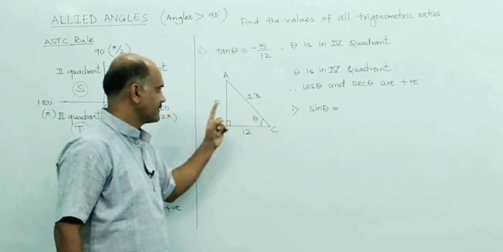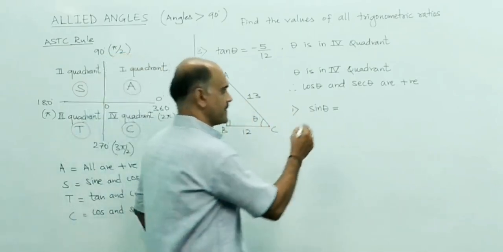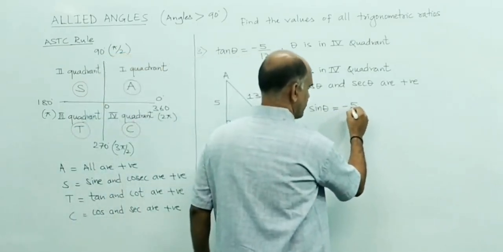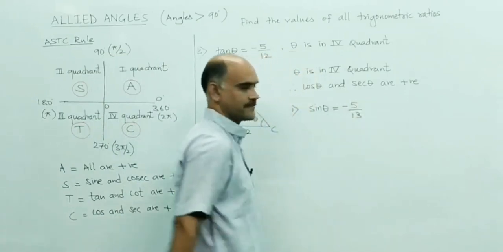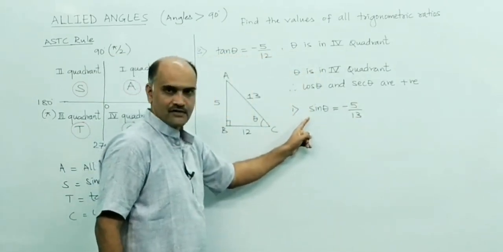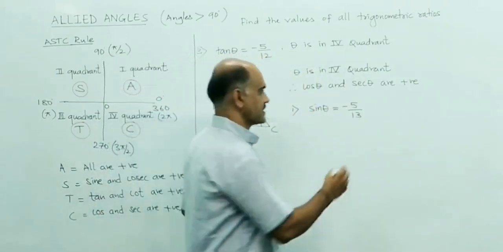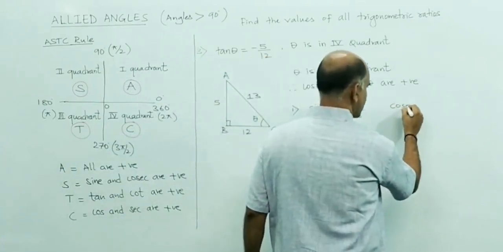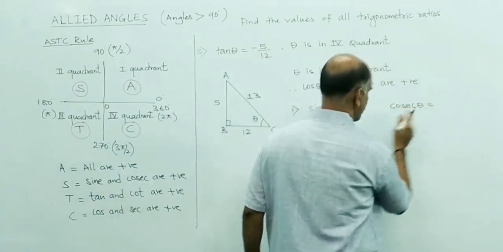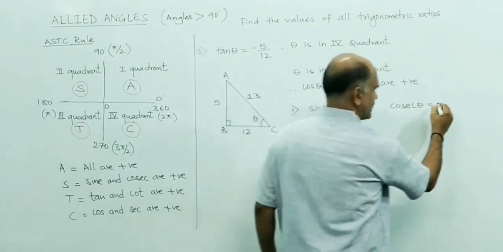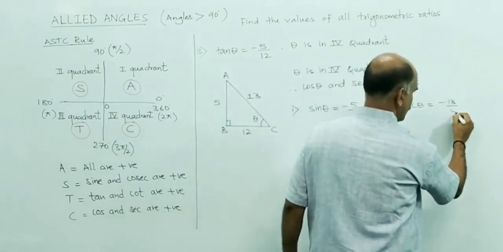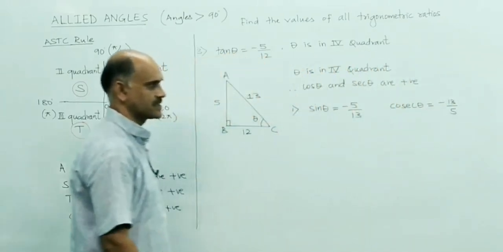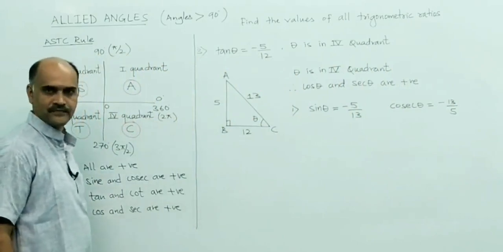So sin theta will be minus 5 by 13. If you know the value of sin, you can write cosec as its reciprocal. So 5 by 13 becomes 13 by 5 with a minus sign. Cosec theta is minus 13 by 5.